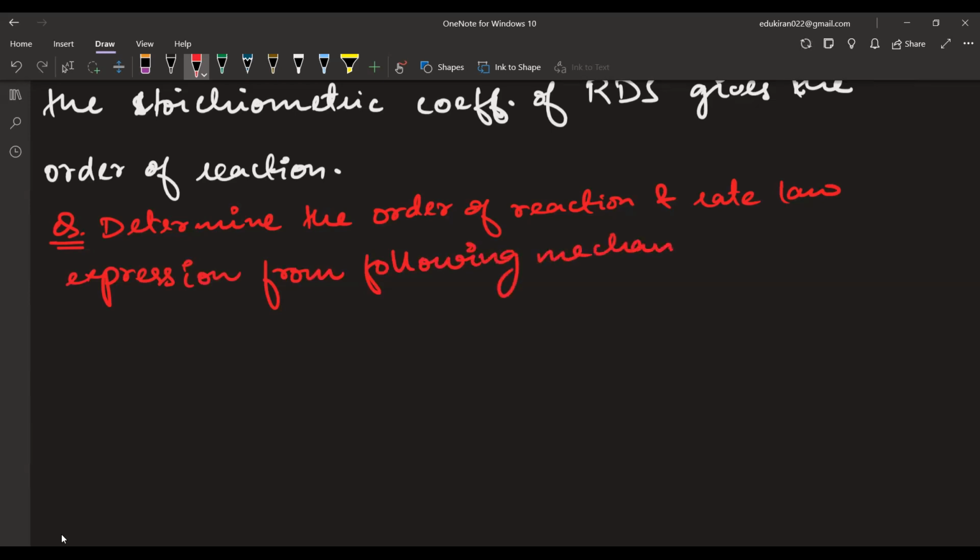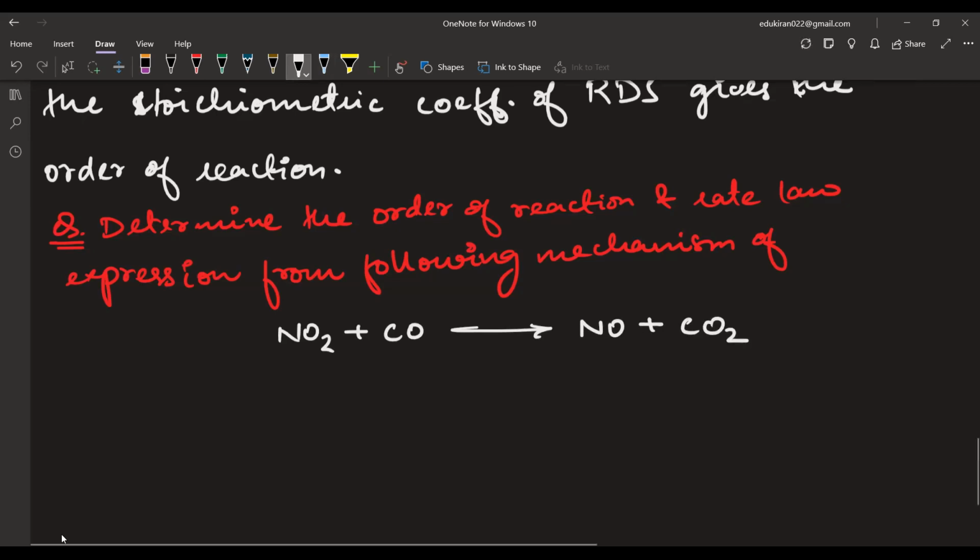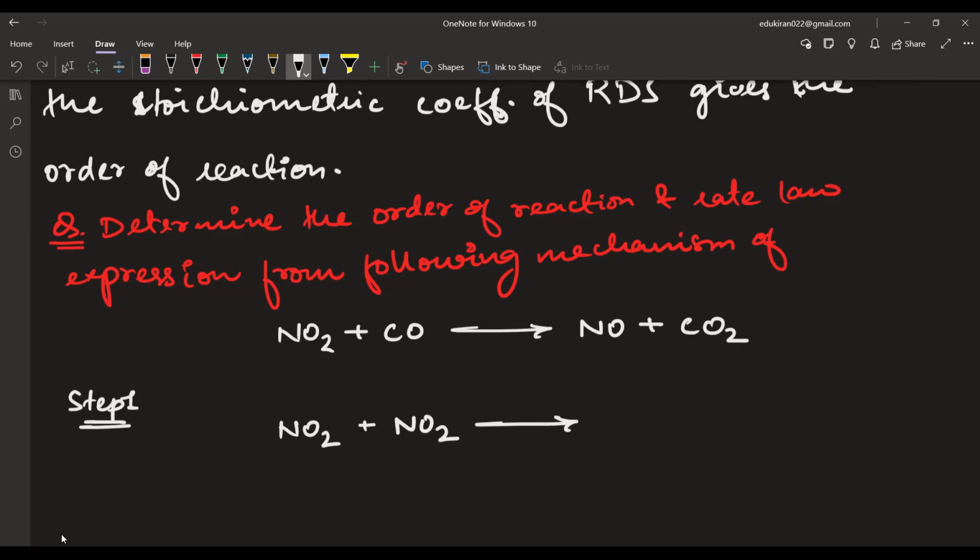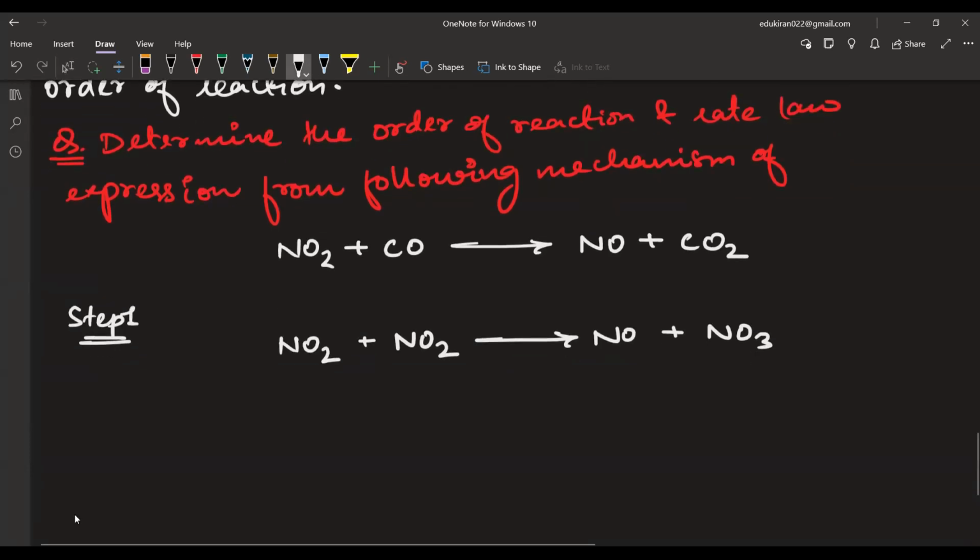So we have a reaction in which nitrogen dioxide reacts with carbon monoxide and gives nitric oxide plus carbon dioxide. Now in the mechanism, there are two steps. Step one: we have NO2 and NO2, they react with each other and first of all form NO plus NO3.